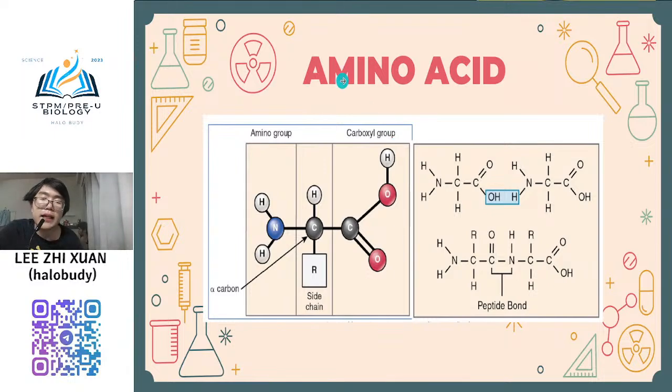That is why it is called amino acid. Amino comes from the amino group, and acid comes from the carboxylic acid, right?